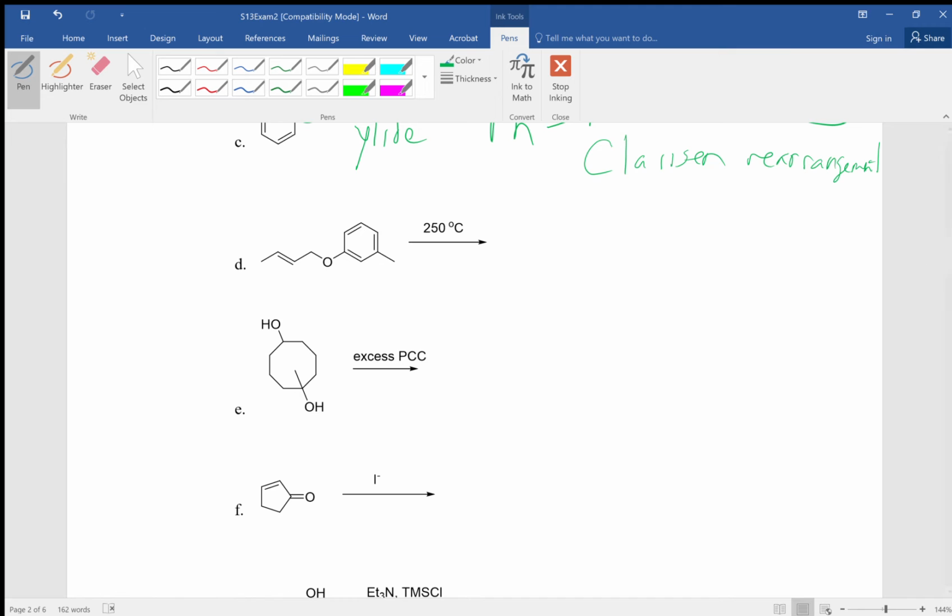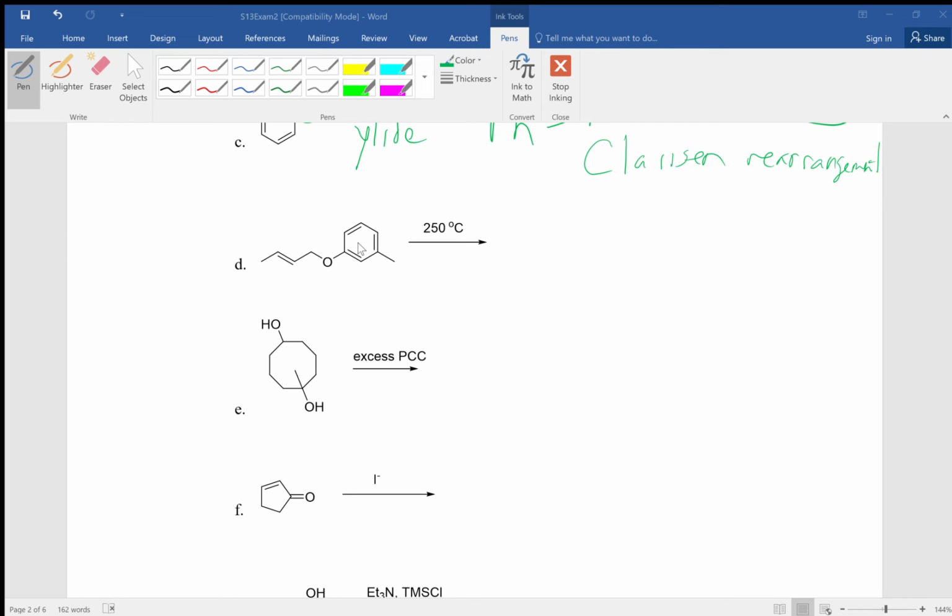But the Claisen rearrangement is basically a rearrangement of the pi electrons as well as some of the double bond electrons. It goes through a cyclic transition state, which is why I ended up moving this to the time in the course when we get to things like the Diels-Alder, because it just makes more sense in that material.